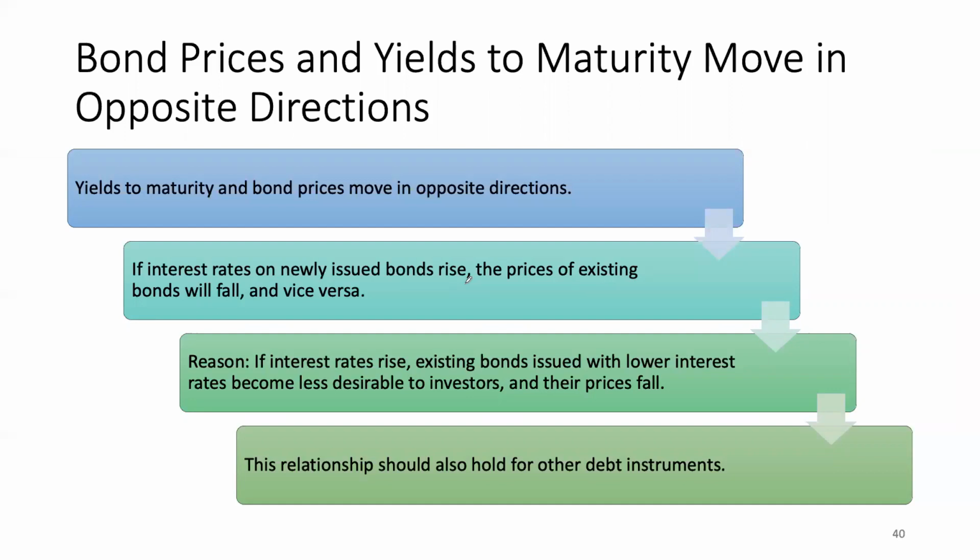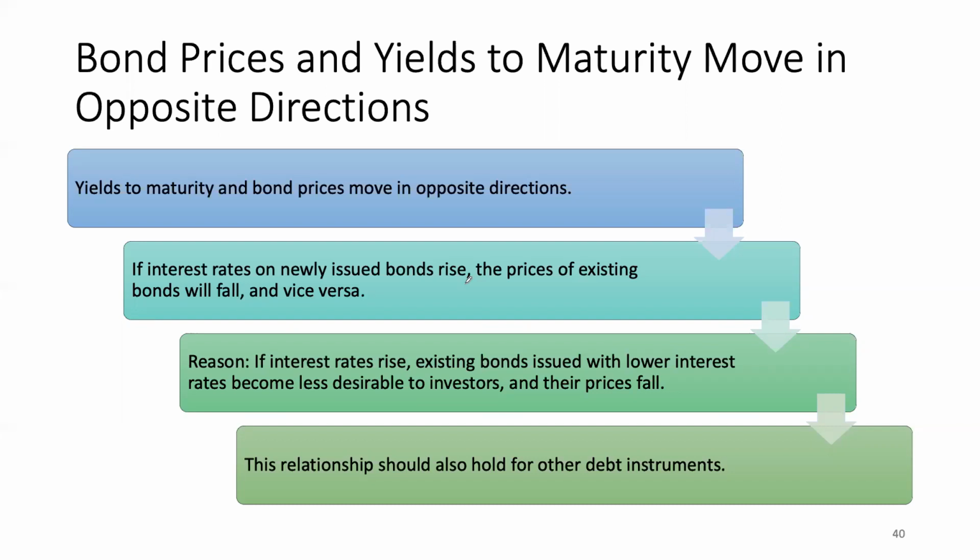So if the interest rate on newly issued bonds rises, then the price of existing bonds falls. That's the crucial thing. Newly issued bonds' interest rate goes up, price of existing already issued bonds goes down.